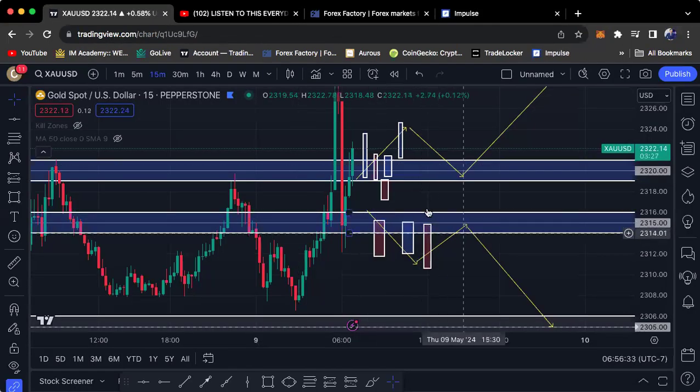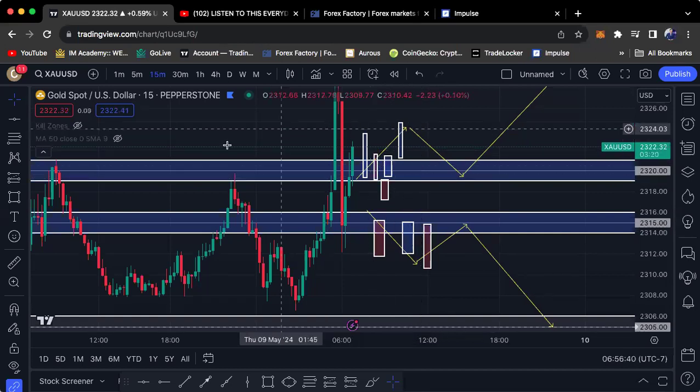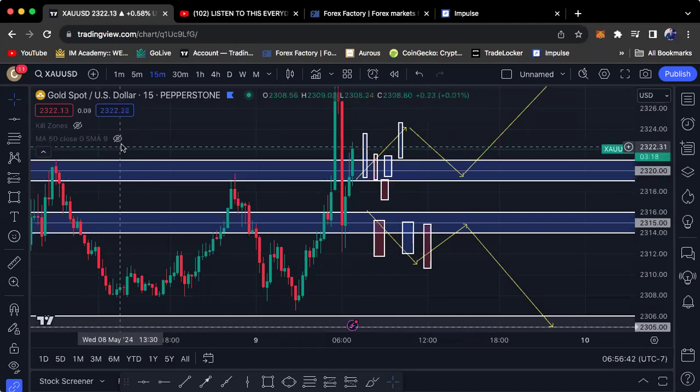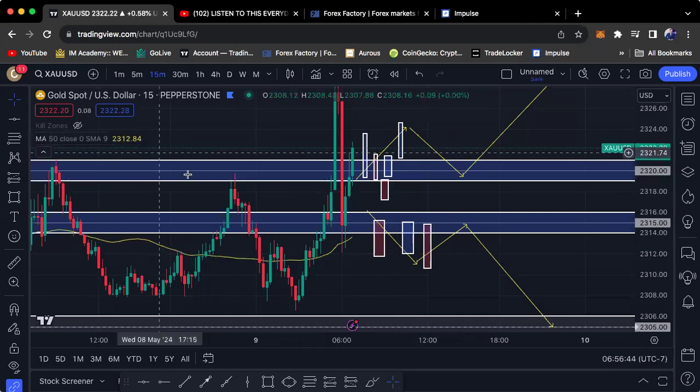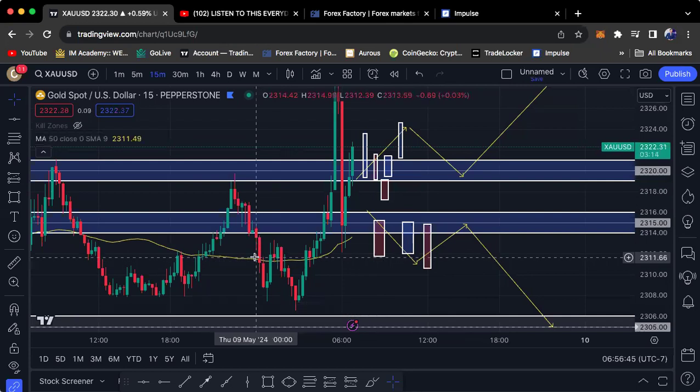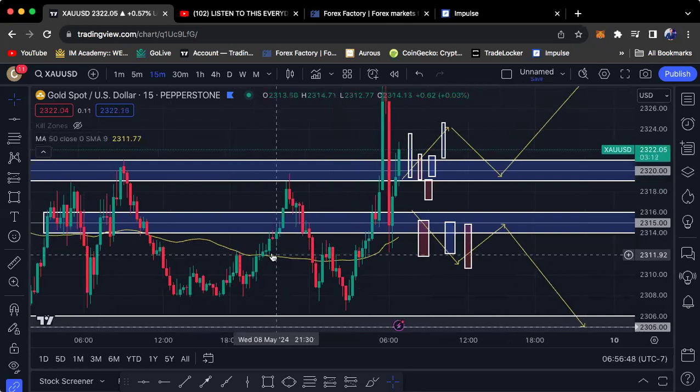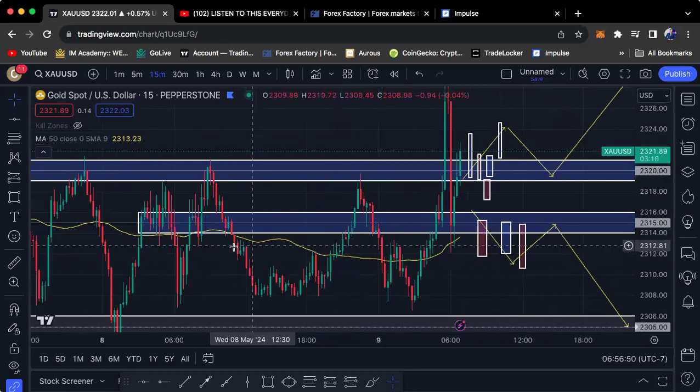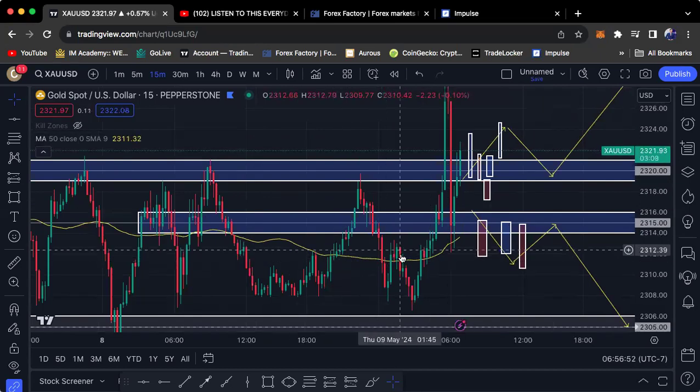As you can see here on my TradingView, I don't use any indicators. It's all just naked forex, naked market structure. It's all market structure. It's all price action. Sometimes I would use this EMA line just to see the price direction. You see prices above this EMA, so right now it's a buy mode.